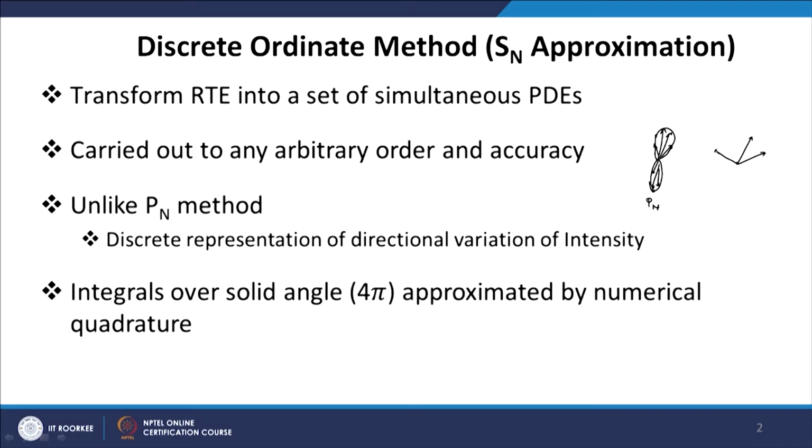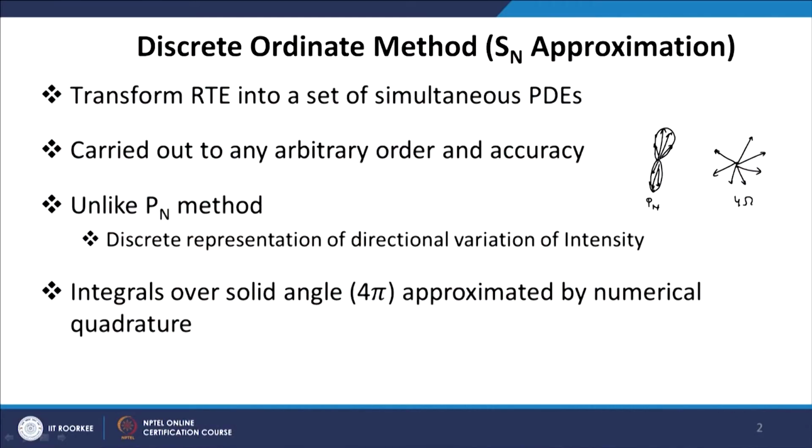So, we choose only discrete directions along which we will solve the RTE. We are basically discretizing the angular domain of 4 pi. This total solid angle we are discretizing using a finite number of discrete directions, and then we will integrate over all these directions using numerical quadrature.